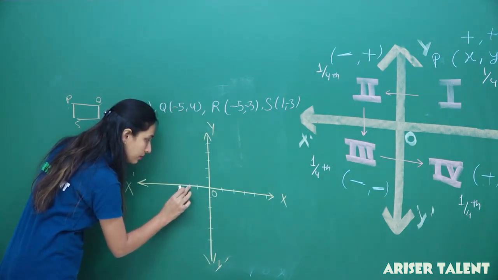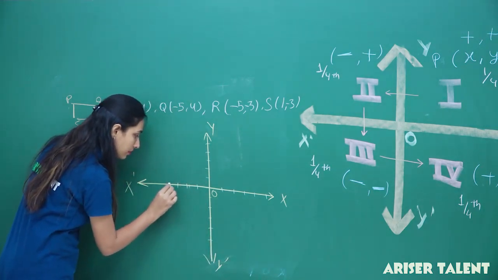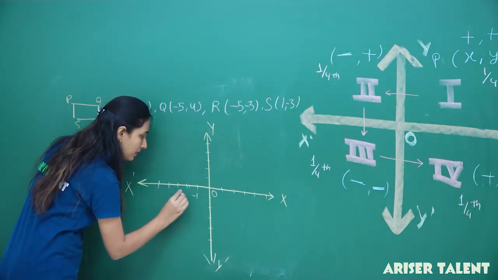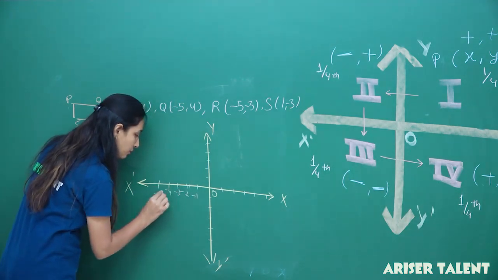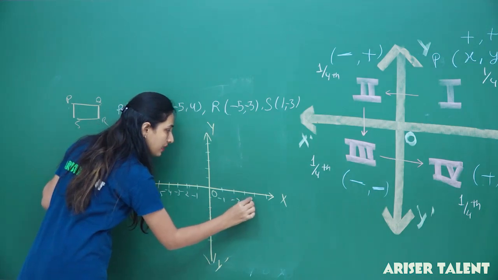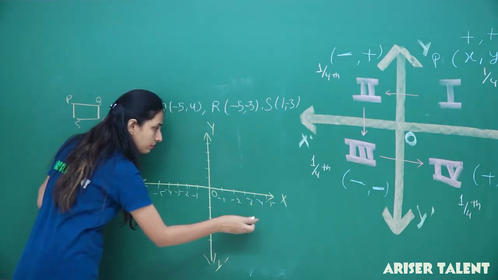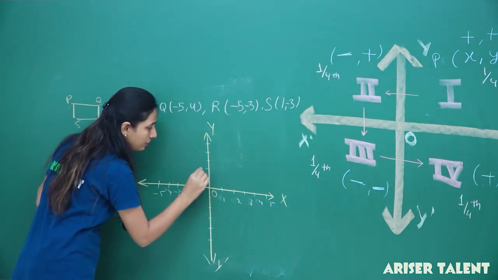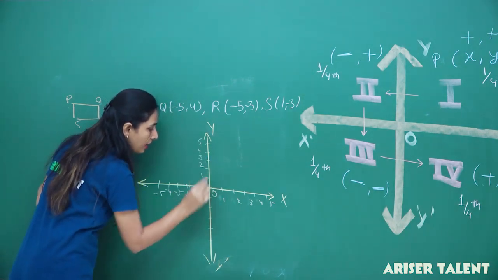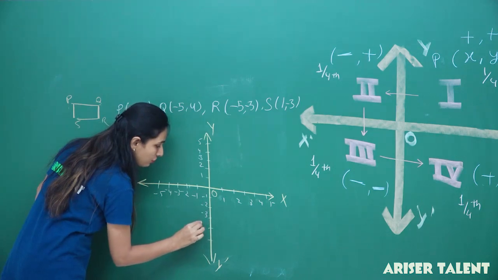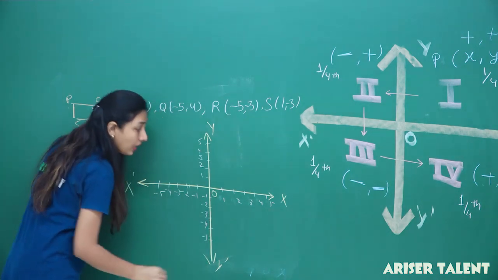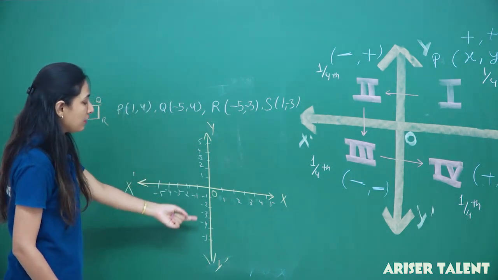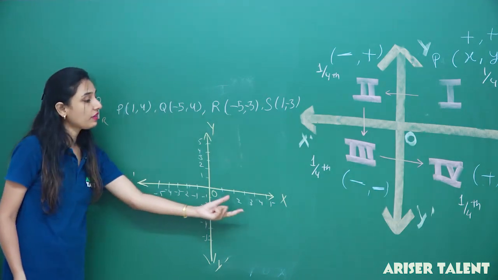Similarly here also, that will be minus 1, minus 2, minus 3, minus 4, minus 5. So you can simply write 1, 2, 3, 4, 5 on each side.